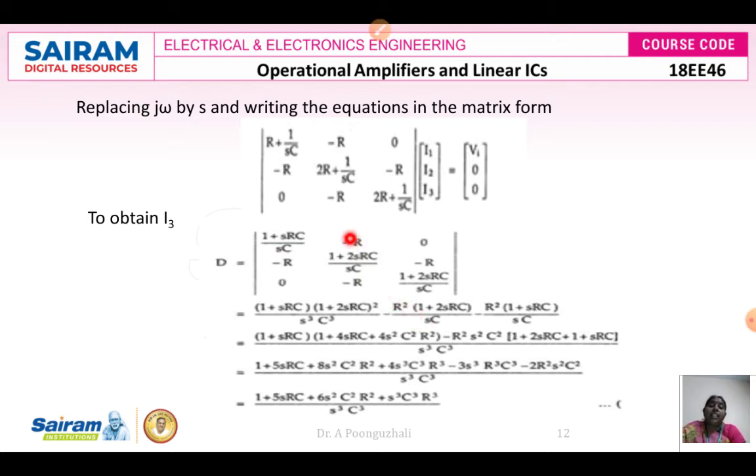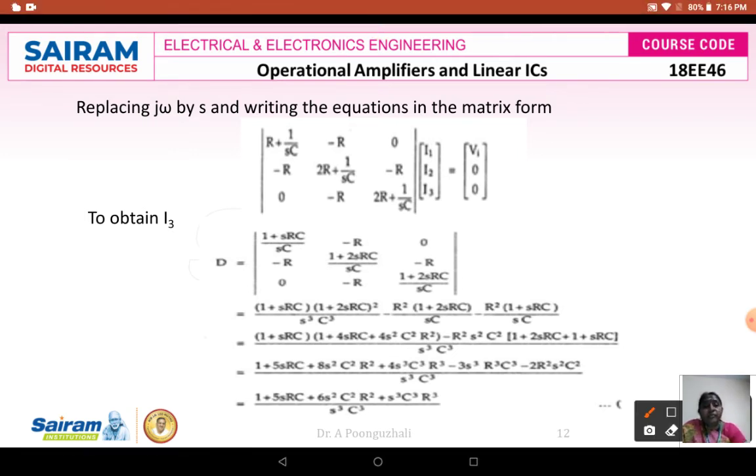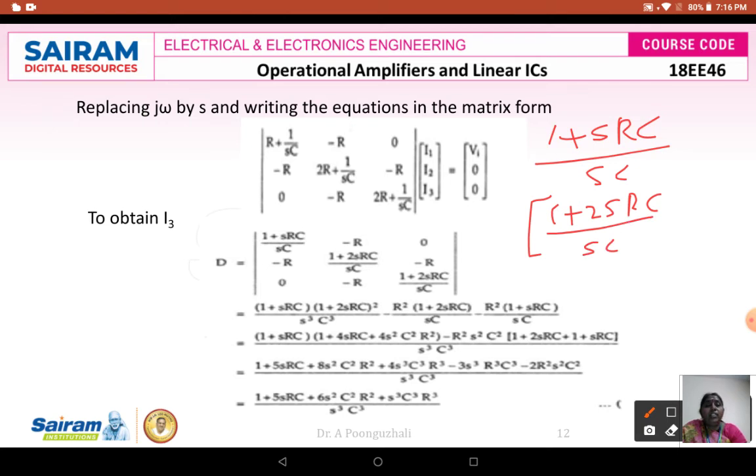Next is coming to the second term. So here if I am going to write, your term is going to be 1 plus SRC divided by SC into 1 plus 2SRC by SC the whole square, minus R into R is going to be R square.